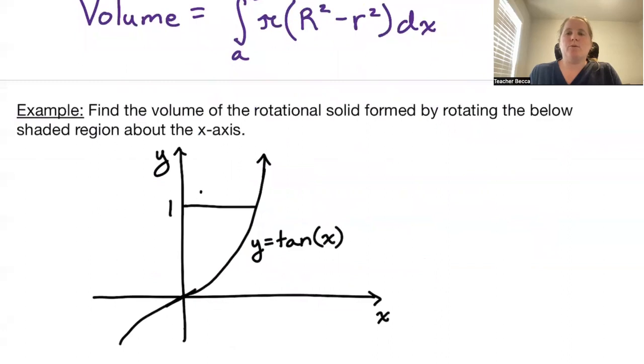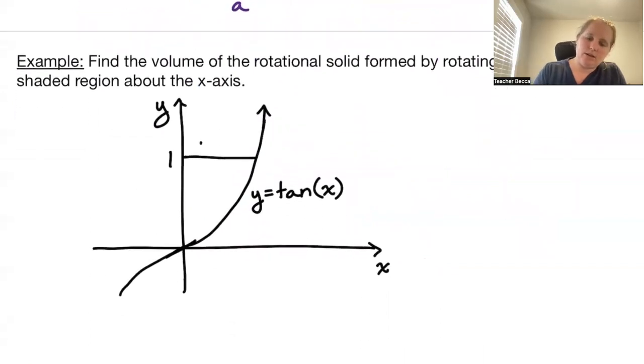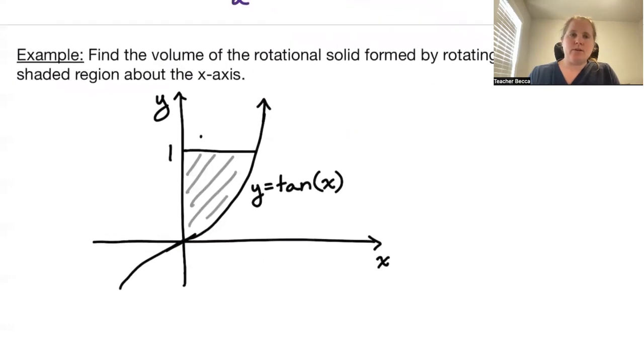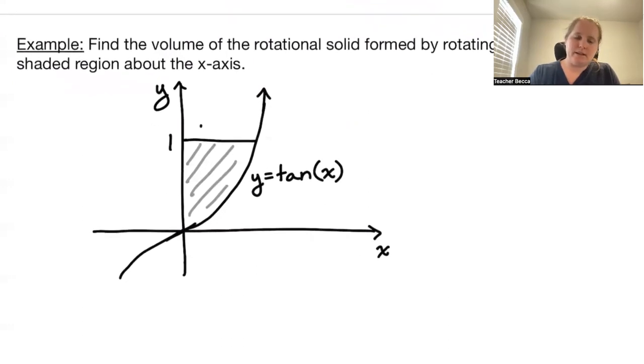Let's find the volume of the rotational solid formed by rotating the below shaded region about the x-axis. I realized I did not shade here. The region that we want to rotate is the region that is above tangent of x and below y equals 1, that is also to the right of the y-axis. So we want to rotate this about the x-axis.